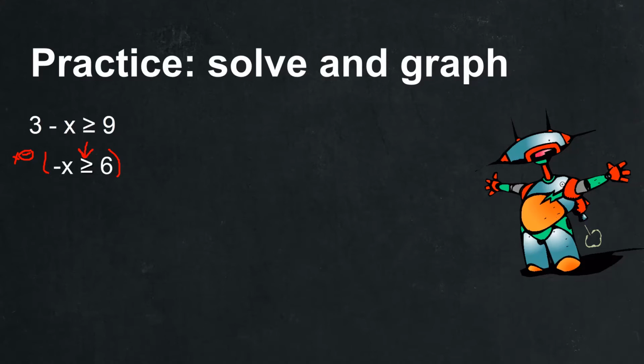If you go back to the previous example, we didn't have minus beside the x, that's why we continued normally. But in this case, when you have minus x and you multiply the whole equation by minus, the symbol will be reversed. So as you can see, it becomes x less than or equal to minus 6.